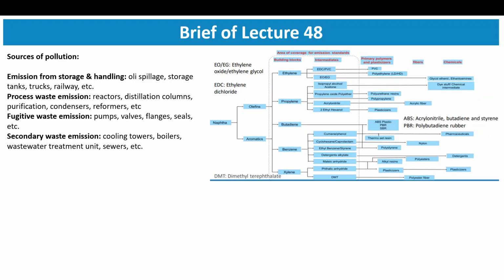So moving forward, there are n number of products which can be derived from the final products obtained by petroleum refining, or the products obtained from crude oil. So these are the products which can be obtained. And similar to the previous one, you can have emissions and effluents from the spillage and storage of the raw materials. Then there can be some waste streams generated from the reactors, distillation columns, condensers, reformers, etc. And there can be some leakages from the pumps, valves, and seals.